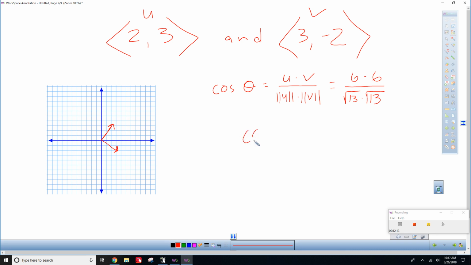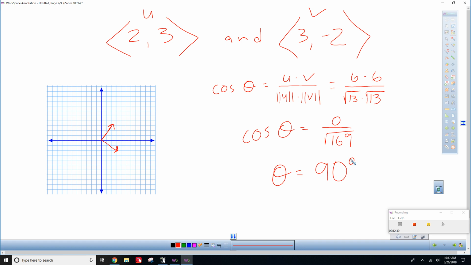Watch this. So cosine of theta is 0 over radical 169. What kind of angle gives us 0? Cosine of the angle being 0 means the angle is 90 degrees. That's why if you have a dot product that gives you 0, then the angle between the vectors is 90 degrees, because of the cosine.